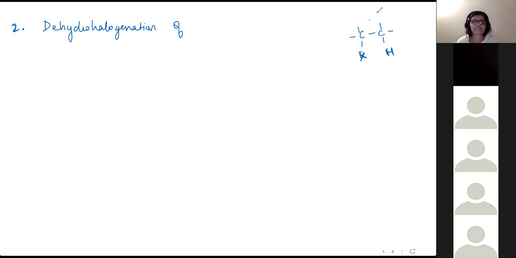Another halogen and a hydrogen. So which case would you consider, one or two? One, right? It's easy to do the beta elimination this way.